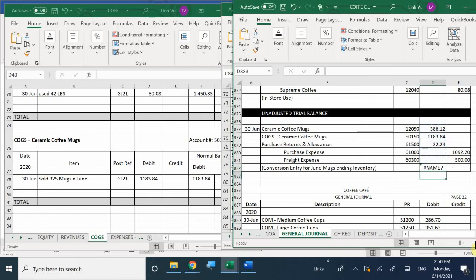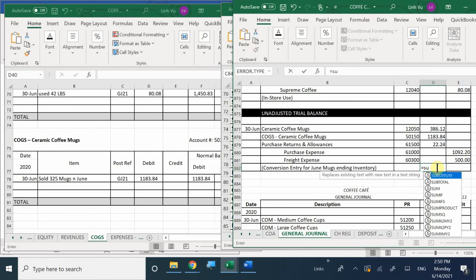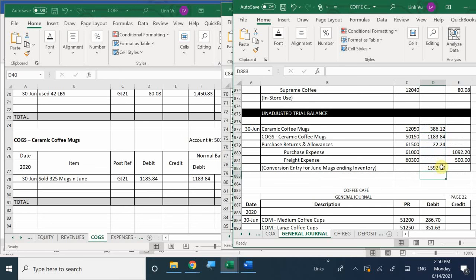Oh, thank you. So I have 1592.20 on the left. Yeah, it's the same. 1592. Okay.